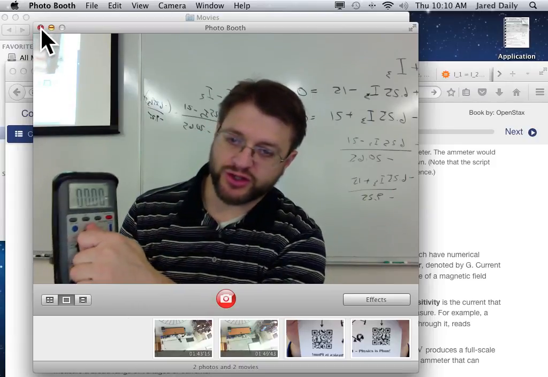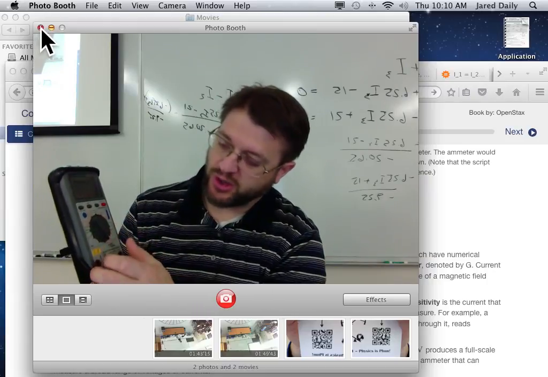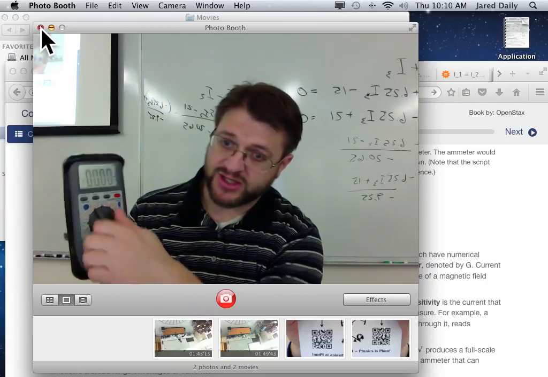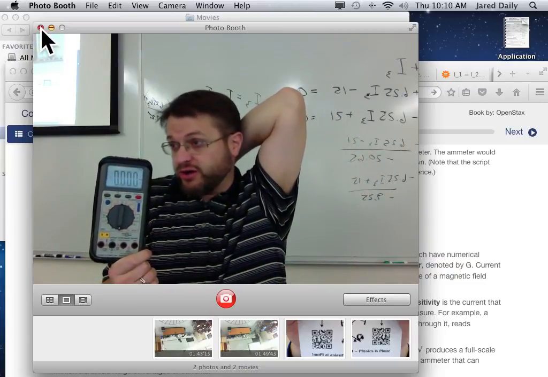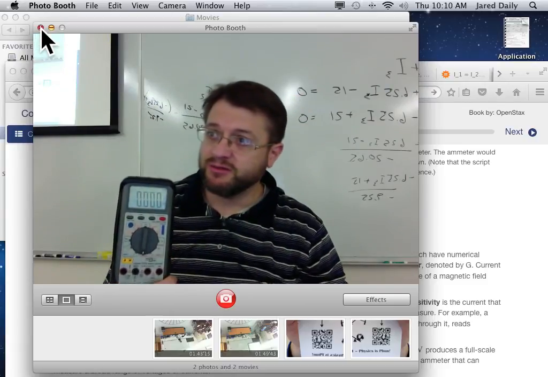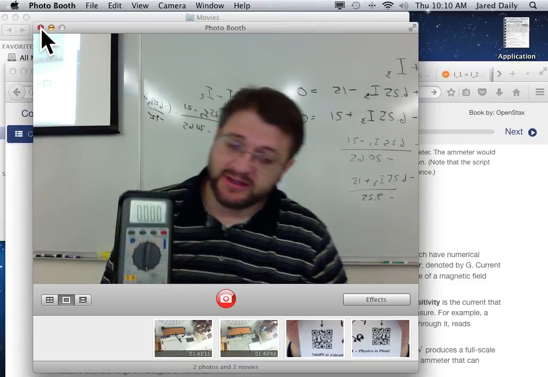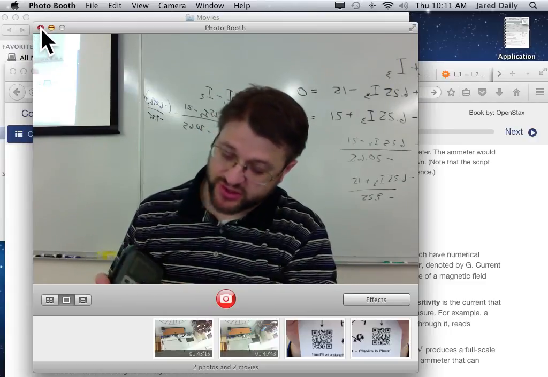All the way down here you can choose 20 amps of current, so up to 20 amps, or below into the milliamp range, or into the microamp range. It's actually really easy to measure small currents, and so lots of multimeters can measure microamps or even nanoamps. So it's pretty nice.